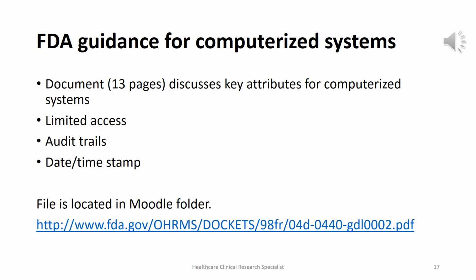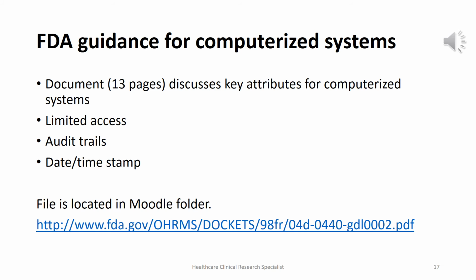Some of the things we've been talking about so far: these systems have to be able to limit access, and one of the ways you do that is by deploying user IDs and passwords. They also need to have audit trails so that we can identify the time and place of any changes to the data and who made the change.